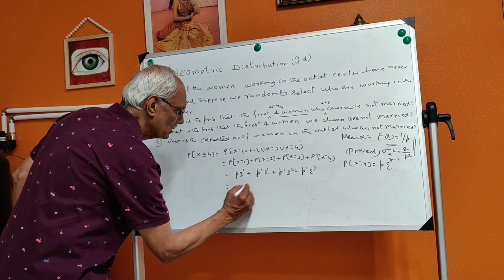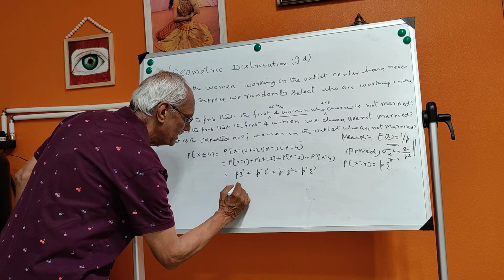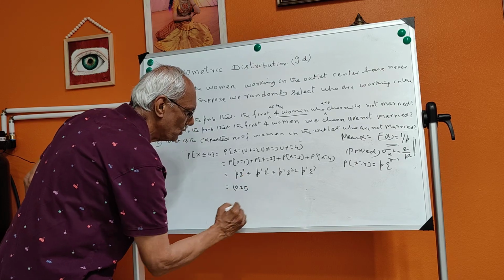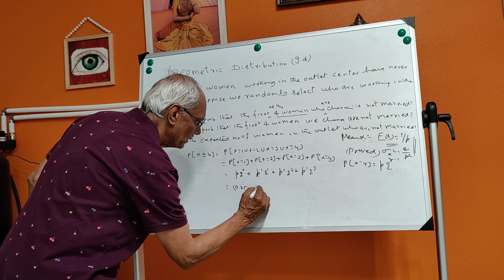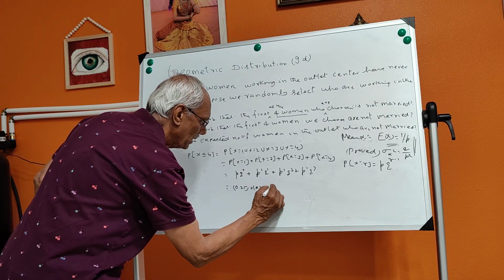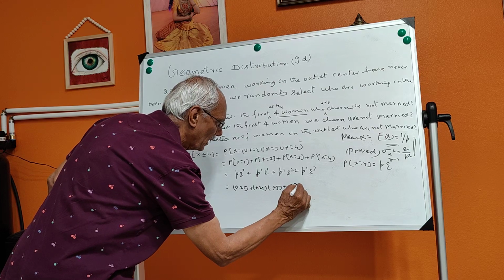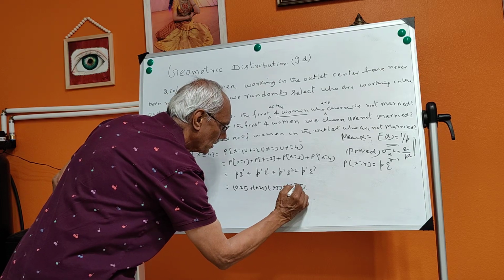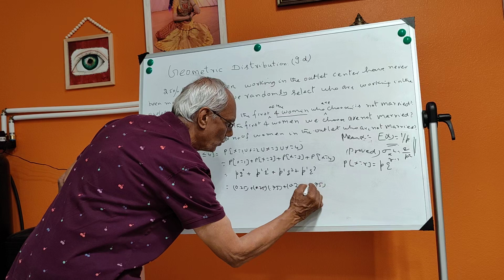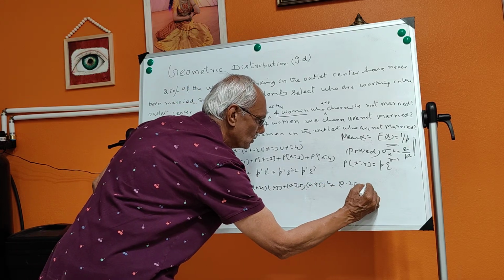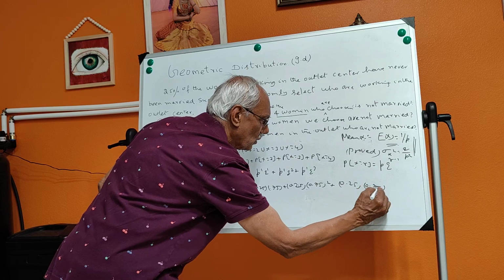Now this is equal to what? This can be written as 0.25, here anything power 0 is 1, plus 0.25 into 0.75, plus 0.25 into 0.75 whole square, plus 0.25 into 0.75 whole cube.